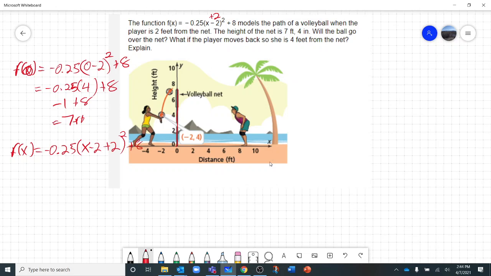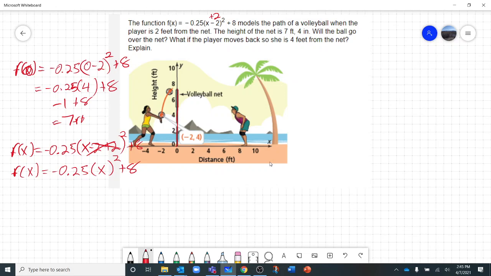Now negative 2 and positive 2 cancel each other out, and we are left with f of x equals negative 0.25 times x squared plus 8. I could have just written it that way.